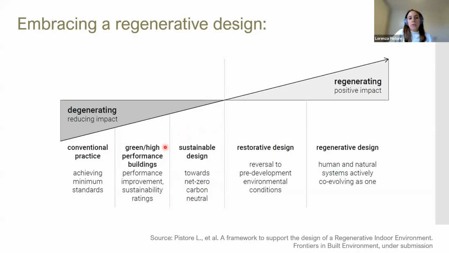Then we reach the point of sustainable design towards net zero, carbon neutral buildings. And then we jump to the other side of the wall, let's say. We reach a restorative design where we want to go back to pre-development environmental conditions, to the final extent of a regenerative design where human and natural systems actively co-evolve together.